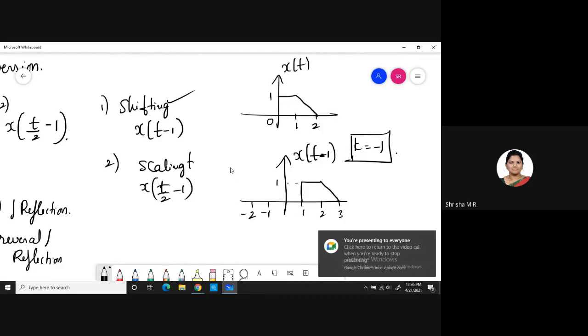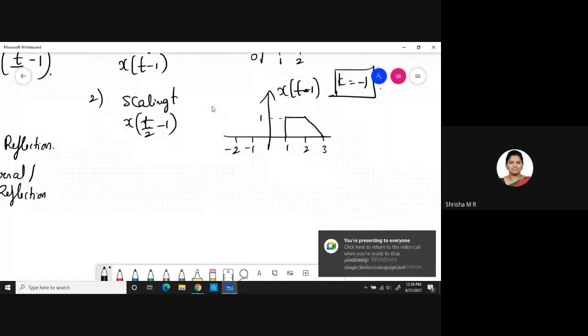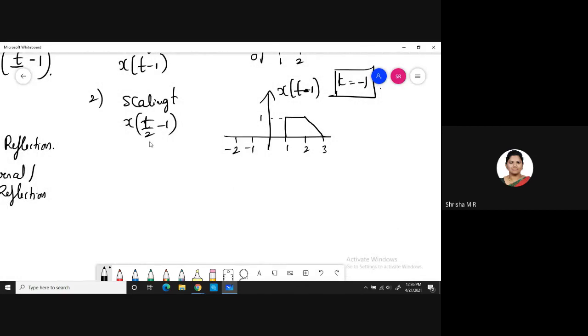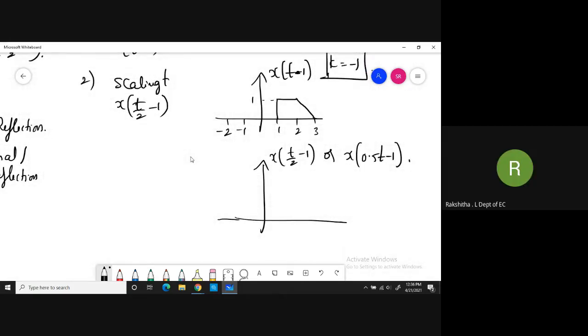So we are done with shifting. Now we have to scale it by a factor of 1 by 2. So what do you have? x of t by 2 minus 1, or you can also write x of 0.5 t minus 1. So what happens now? It starts from 0.5 to 1.5 and 2 to 6.